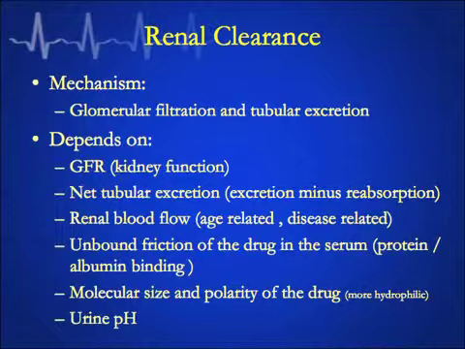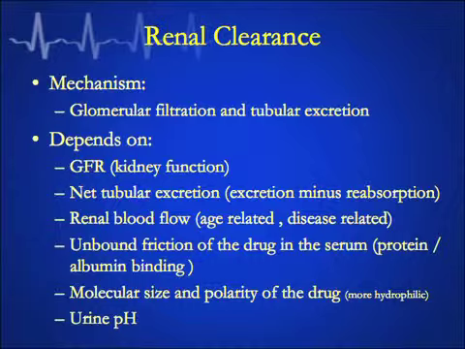Renal clearance. We talked about metabolism, now we talk about clearance. The mechanisms involved in renal clearance are glomerular filtration and tubular excretion. Glomerular filtration depends on kidney function and blood flow. Tubular excretion basically depends on net tubular excretion, which is excretion minus reabsorption.